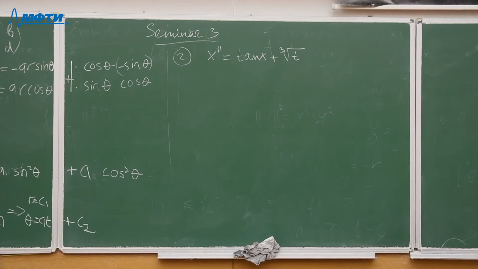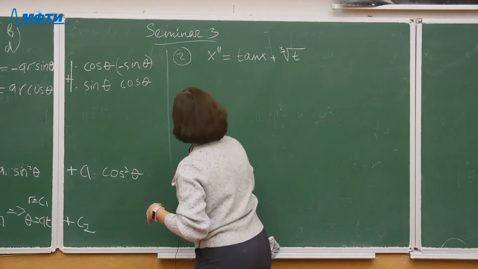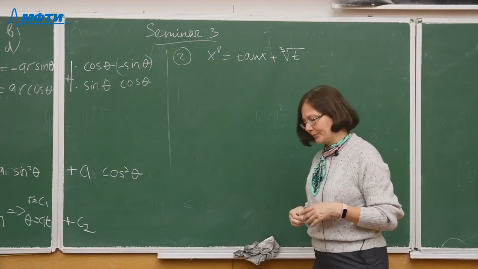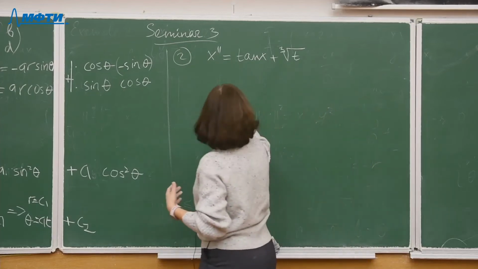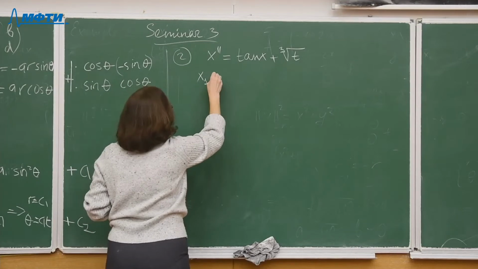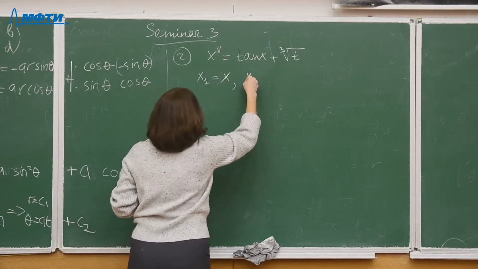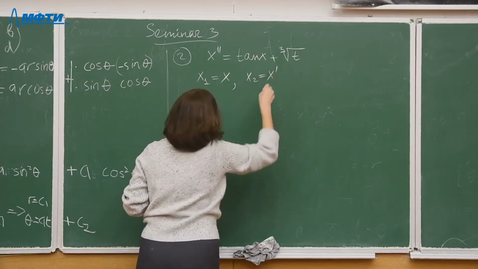Well, perhaps you express the second order equation as two first order equations? Right. So we introduce an extra variable. In this manner, for example, x1 will be equal to x, and x2 is x prime.